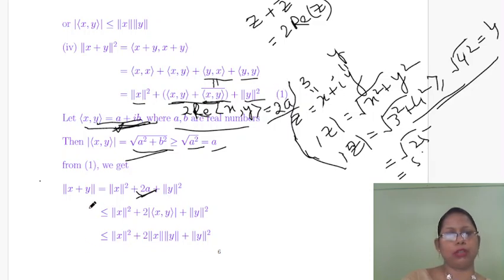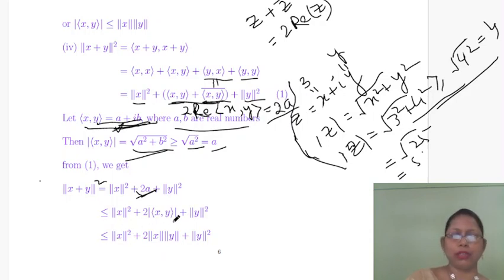Now from this equation, norm of x plus y whole square is equal to norm of x square plus twice the real part of the inner product of x, y, which is twice a, plus norm of y square, which is less than or equal to norm of x square plus 2 modulus of the inner product of x comma y plus norm of y square.